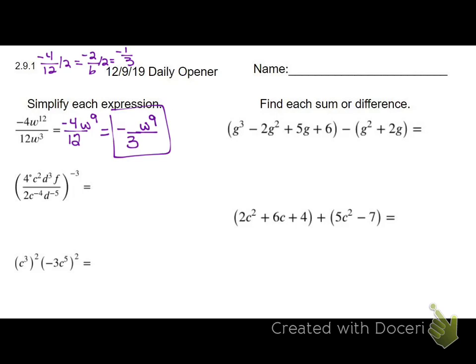Distribute. So I'm going to take this negative 3 times every term inside of my parentheses. How many terms do I have on my top here? 4, because you have the 4, the C, the D, and the F. How many do I have on my bottom? 3.